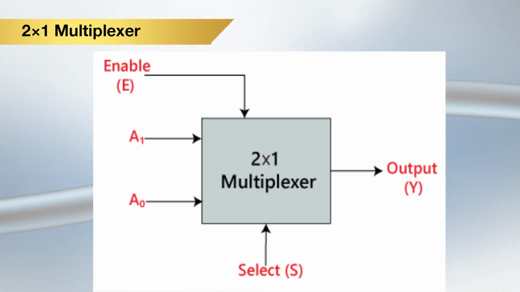So, when the selection line is low, A0 will go at the output. Suppose 1 is present at A0, so 1 will be reflected at the output. Suppose the selection line is high, then in that case, let us assume 0 is present at A1, so 0 will go to the output.